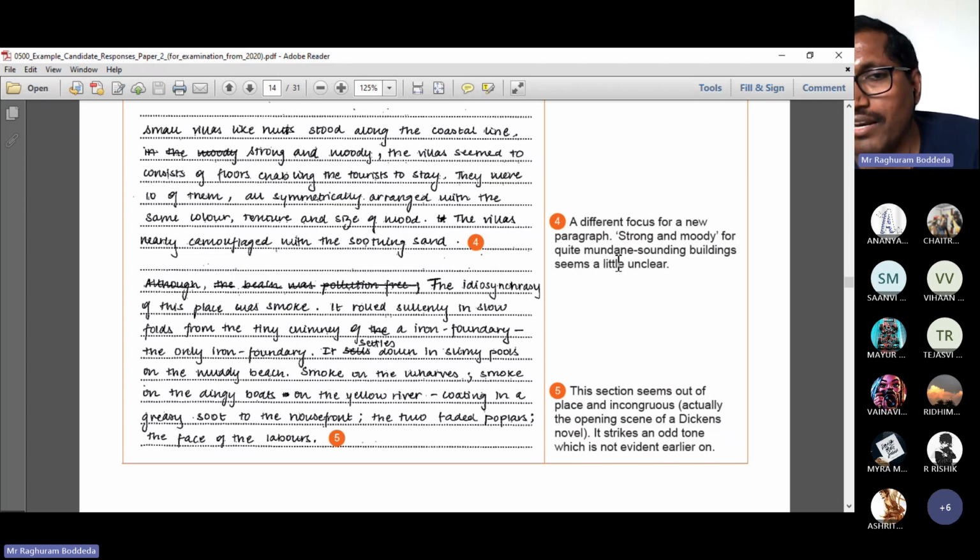These things may be related to the importance of the local place or a historical or ancient detail. Definitely, there is a chance of including some clarity about it. So that is mostly what the examiner suggested, and you need to look at that. Next one.